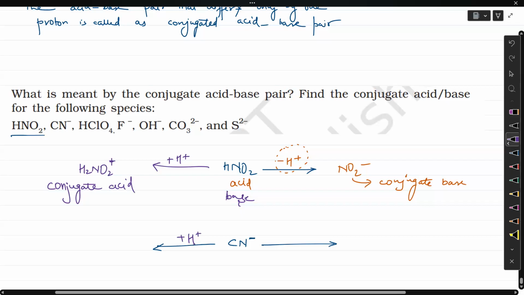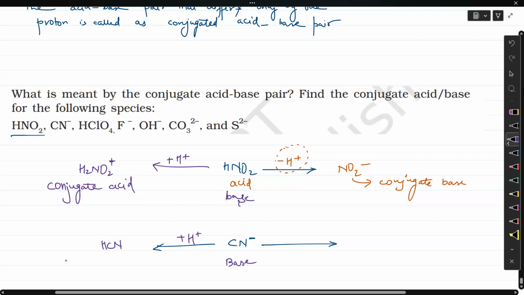Base, correct. You are giving the correct answer, but still you are taking so much time. So it is acting as a base. So what will it become? What is the answer? HCN.